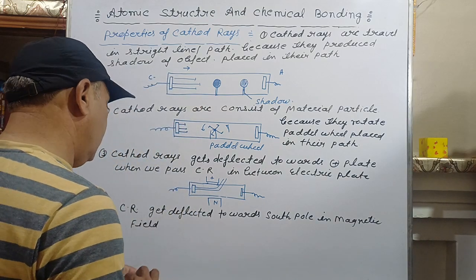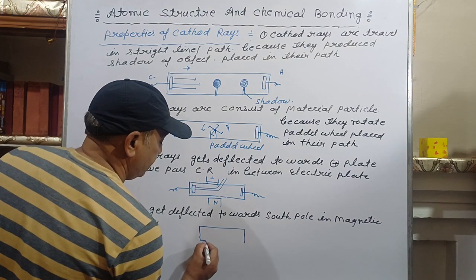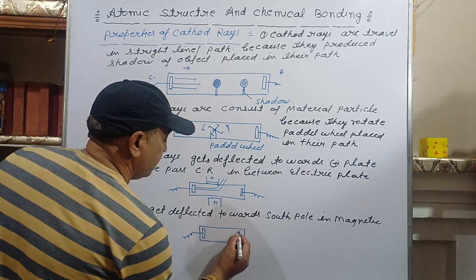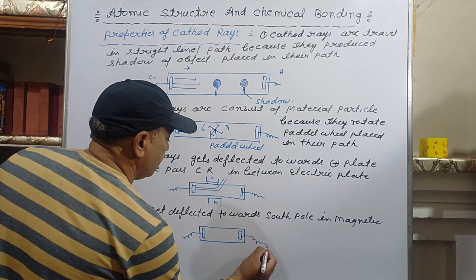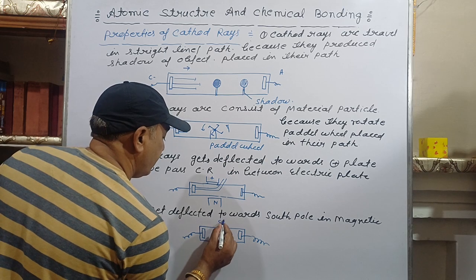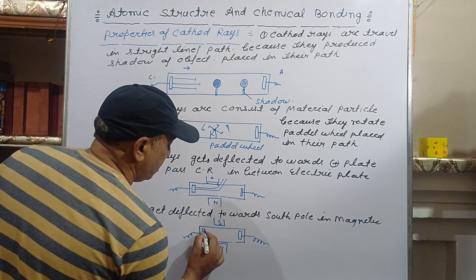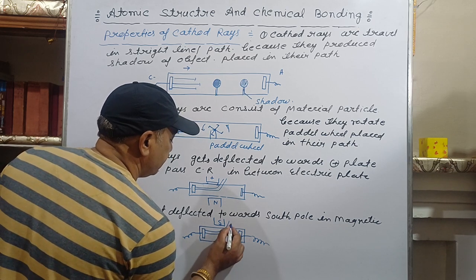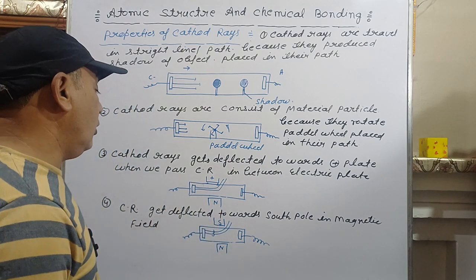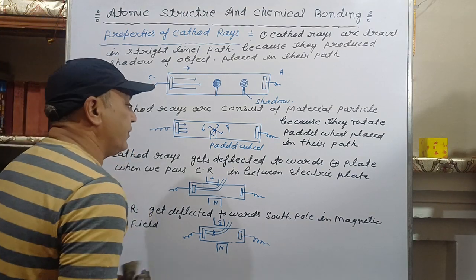It is the fourth property of cathode rays. This is the south pole of the magnet and this is the north pole of the magnet. These cathode rays are deflected towards the south pole of the magnet. These are the four main properties of cathode rays.